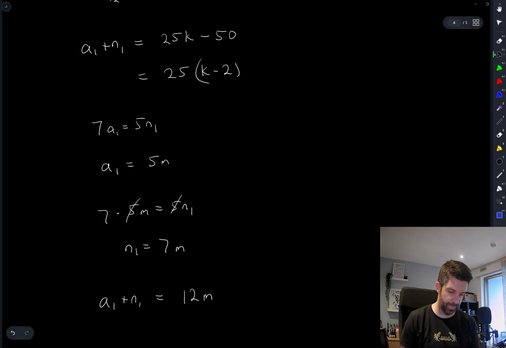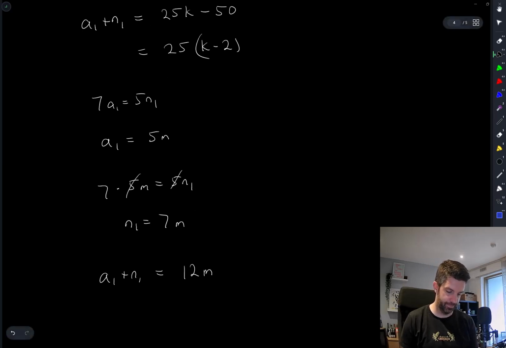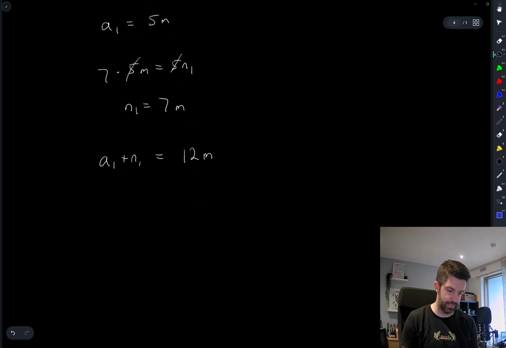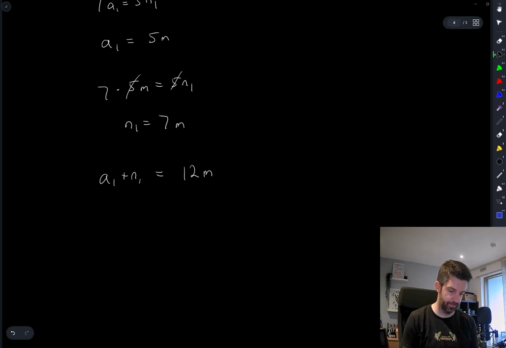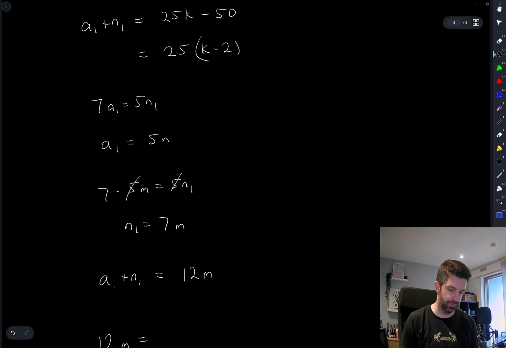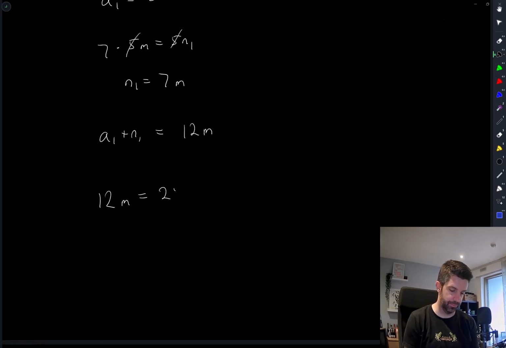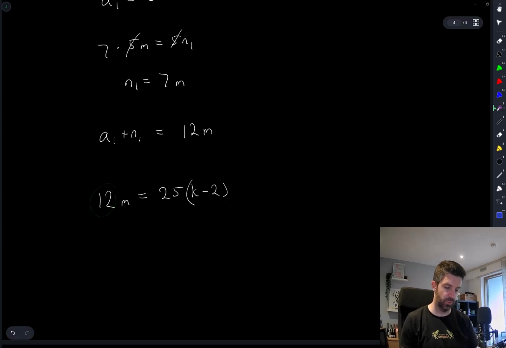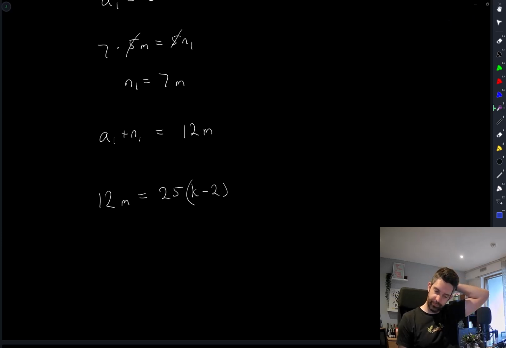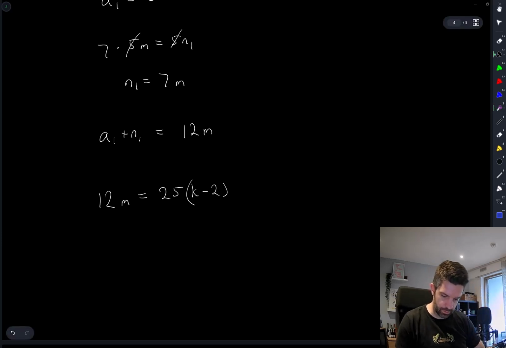Okay. So I need 12m to be equal to 25 times k minus 2. These are relatively prime, so I need k minus 2 to be a multiple of 12. Well, maybe a better way of doing this.